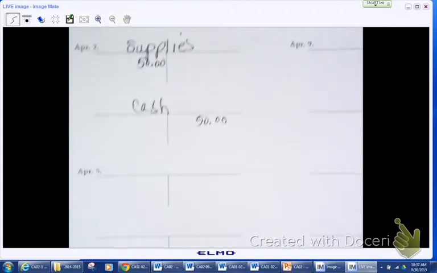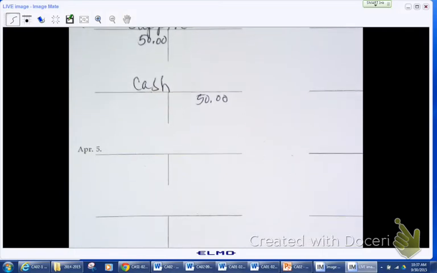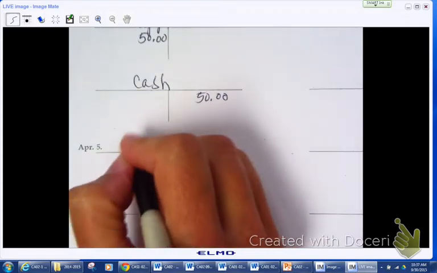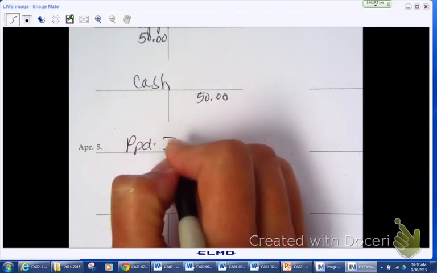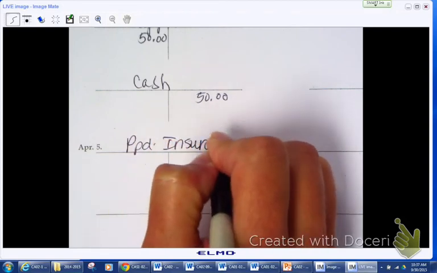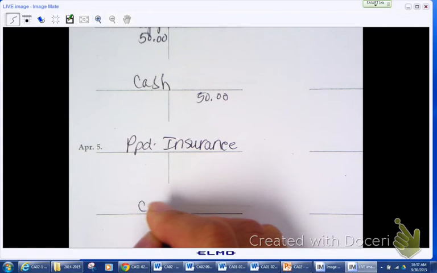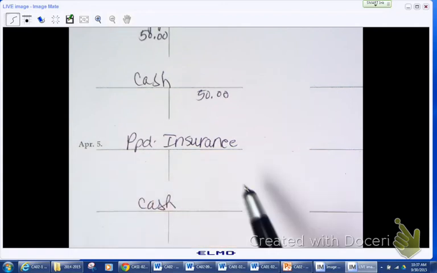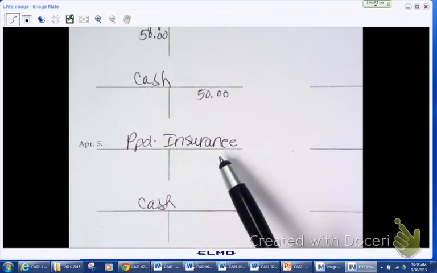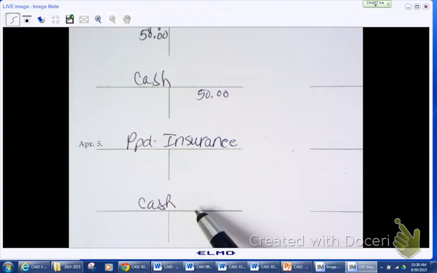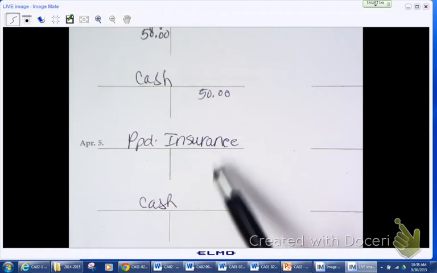Next transaction on April 5th. On April 5th, we paid cash for insurance, $75. What are my two accounts that are affected? My prepaid insurance account, and again, my cash account. How is each type of account classified? Both of these are assets.